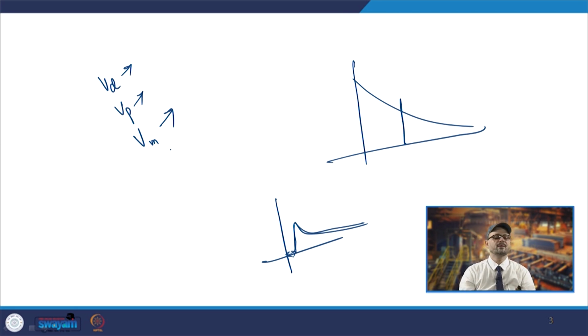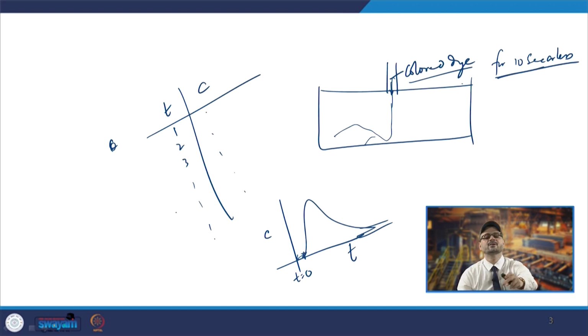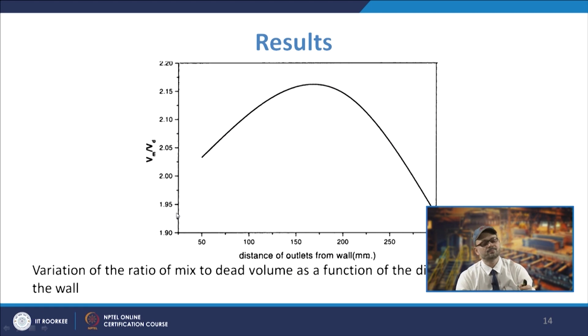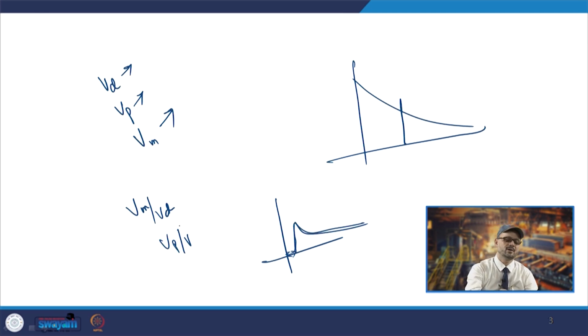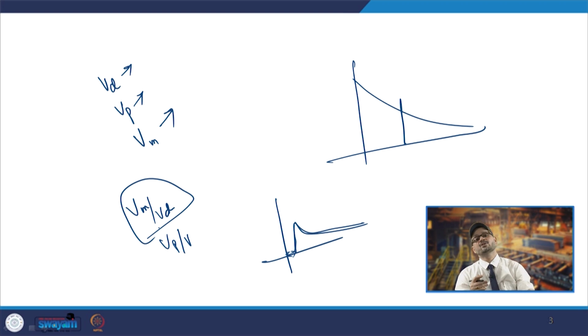Once you know Vm and Vp, you get the mixed volume, and for representing in terms of fraction, we can have Vm by Vd, Vp by Vd, or Vm by V. In fact, we calculate Vm by Vd as one of the parameters, which tells us that we try to increase Vm and reduce Vd. That represents a larger amount of mixing inside the Tundish. It is a more desirable feature in that case.